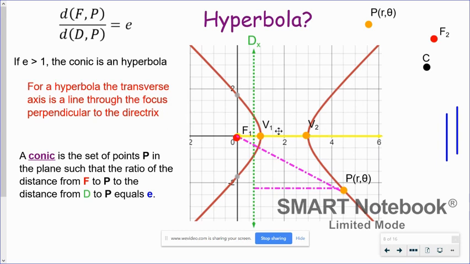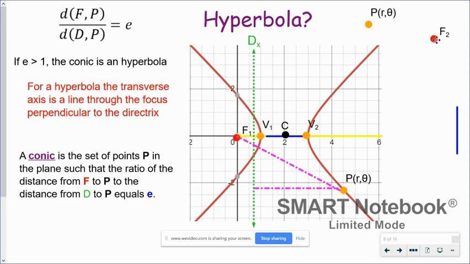What's the relationship with this right here, which is the transverse axis? Well, I know the center of the hyperbola is always in between, and there it is. Now, if I look closely, I have the distance from the center to a vertex, the distance from the center to a focus, and the distance from the vertex to a focus.